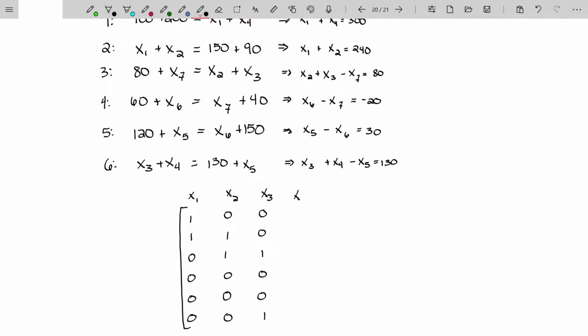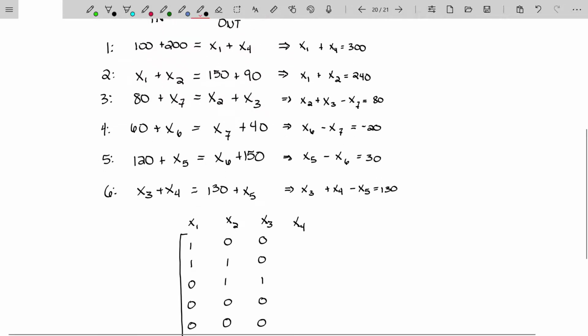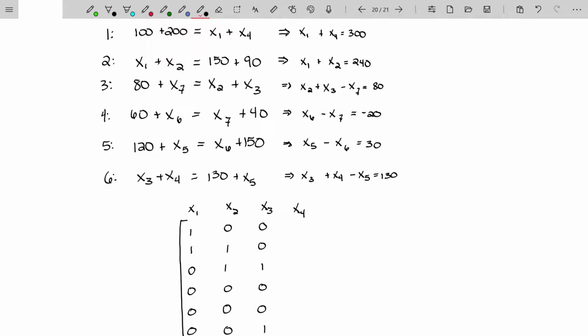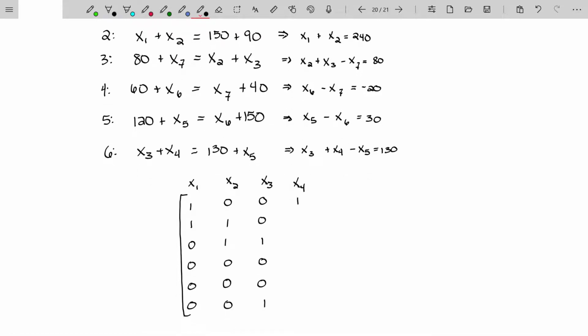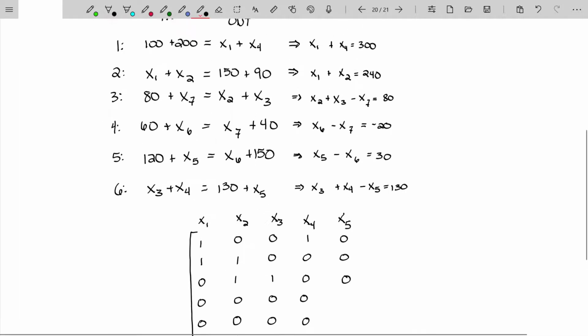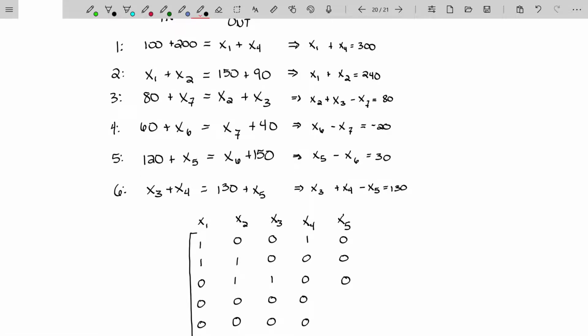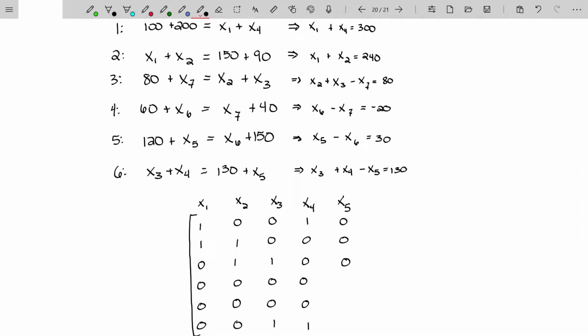And x sub 4 column. Kind of important to line these up. 1, 0, 0, 0, 0, and then 1. X sub 5 column, 0, 0, 0, 0, 1, and a negative 1.